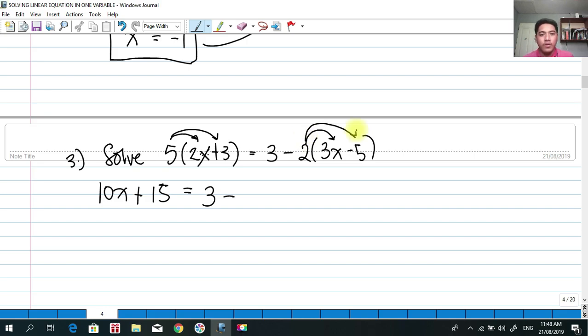Of course, not forgetting to include the minus sign. So negative 2 times 3x is negative 6x. And negative 2 times negative 5 is plus 10.